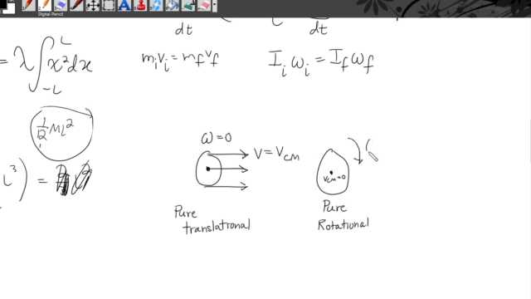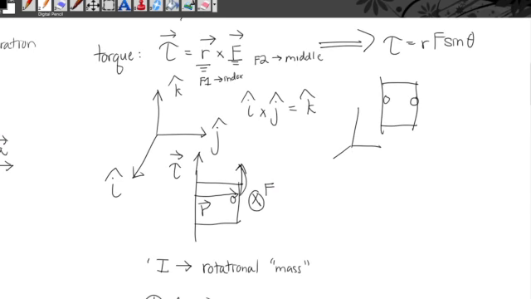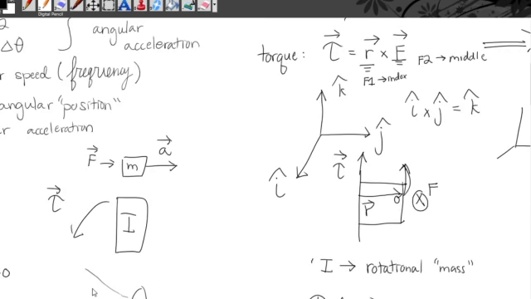So there's some value omega, and here we have some instantaneous speed, which is v equals r times omega, not theta.